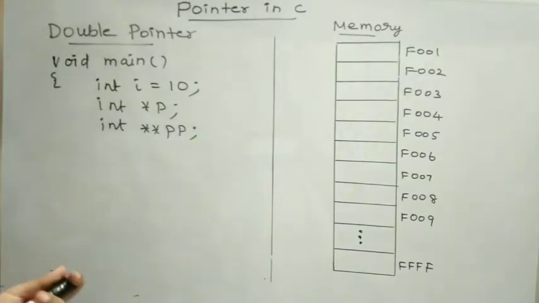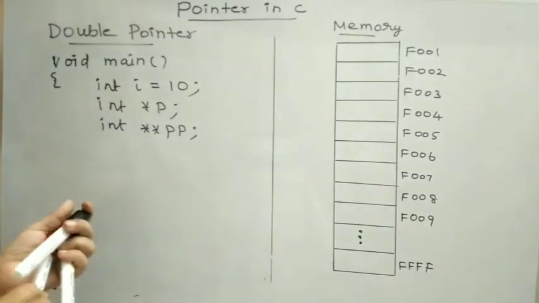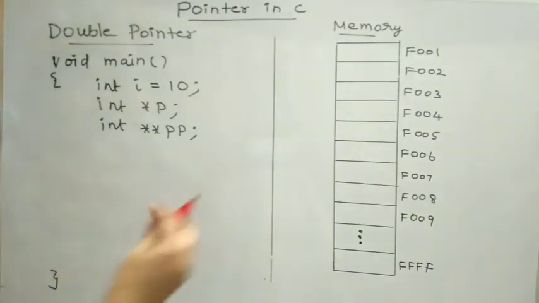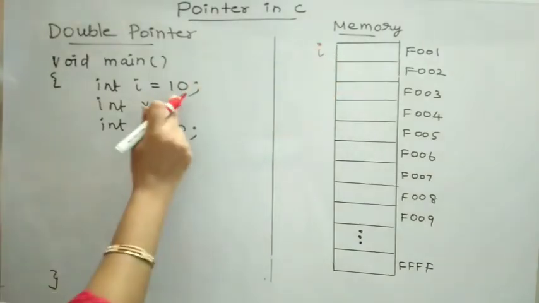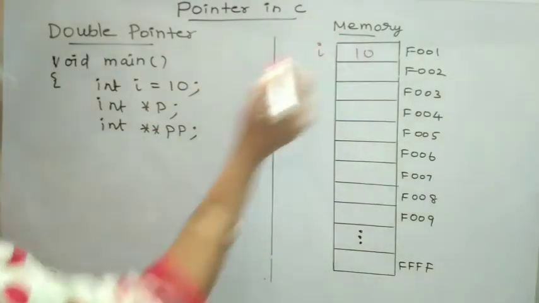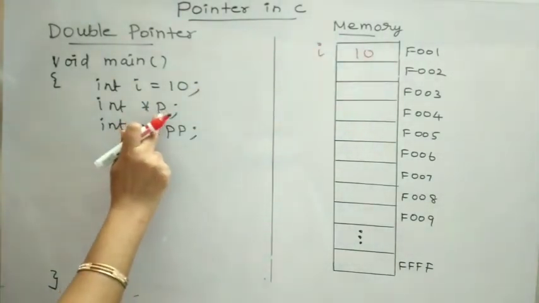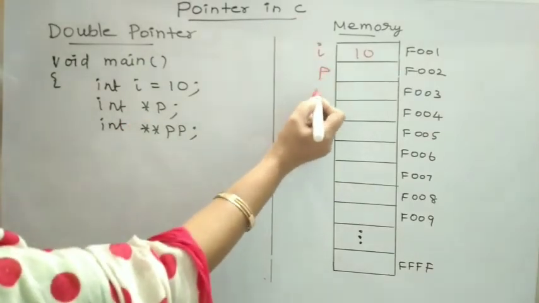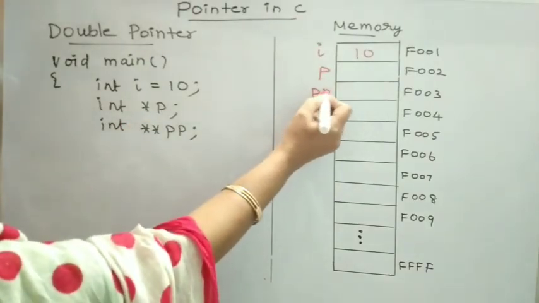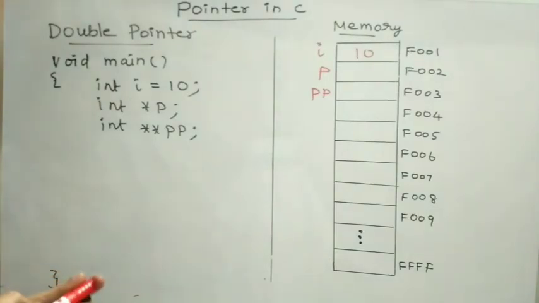When the compiler compiles these statements, it reserves memory addresses for the declared variables. For this I, it reserves a memory address, and in that memory address, it assigns the value 10. For this pointer variable p, it reserves a memory address. For this double pointer pp, it reserves a memory address.